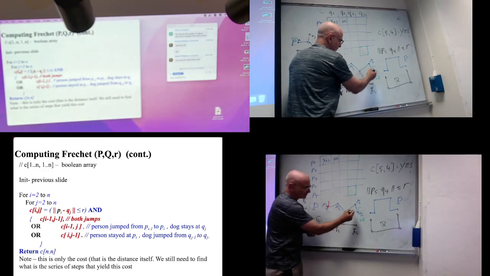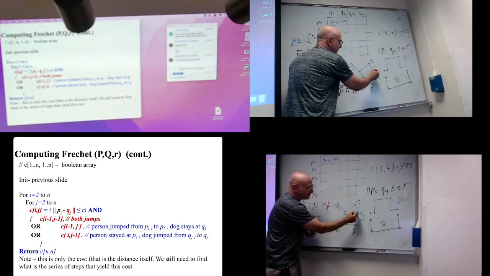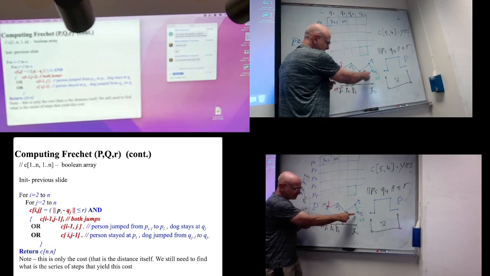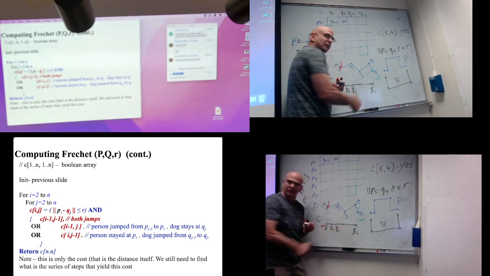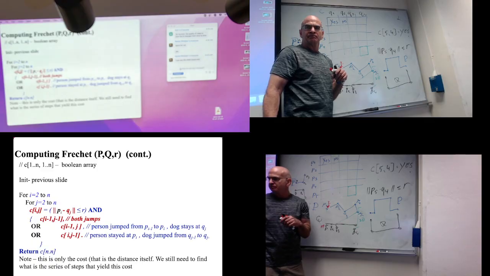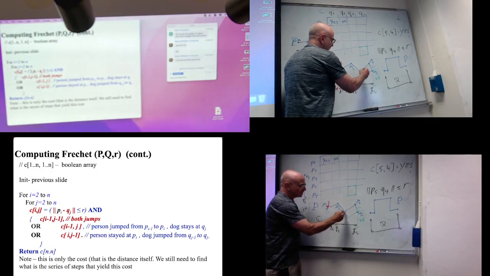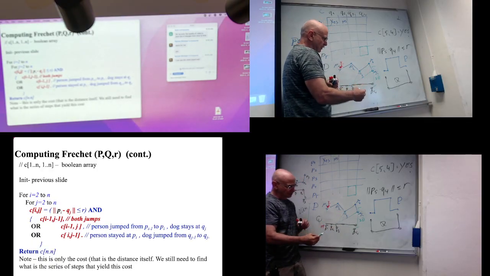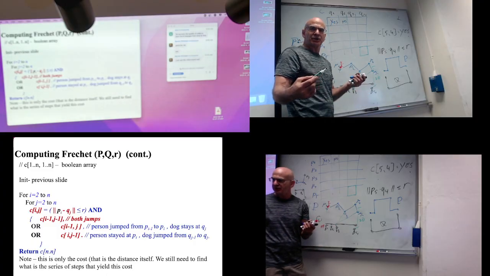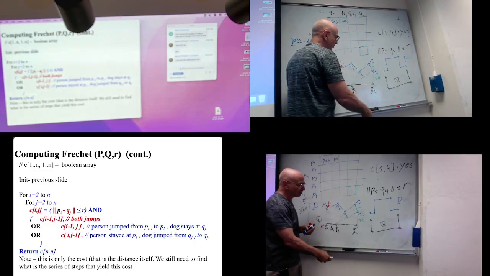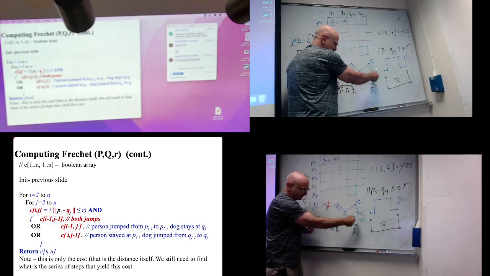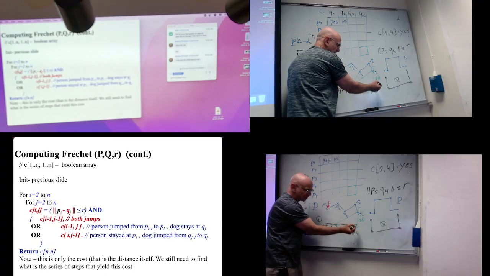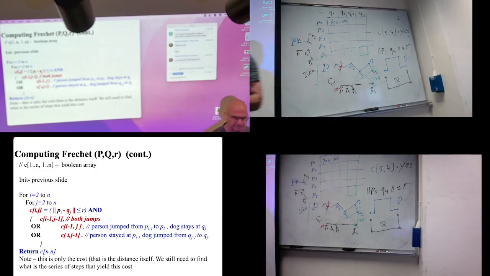The last option was that one step ago, the dog was already at Q4, while the person was at P3.